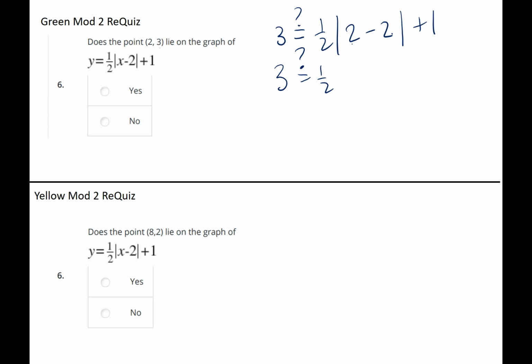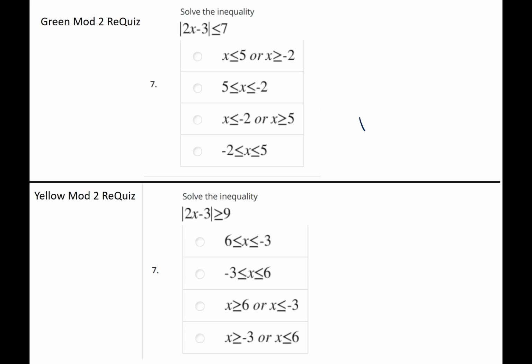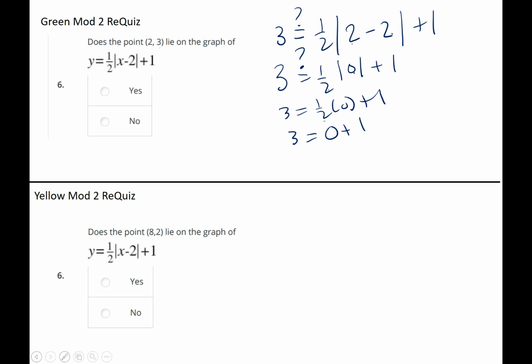We don't know if it's true or not yet. So we get the absolute value of 0, which is 0. So then I have 1/2 times 0 plus 1. 1/2 times 0 is 0. Sorry, 0 plus 1 is 1. So this is definitely a false statement. So this would be a no on this one.